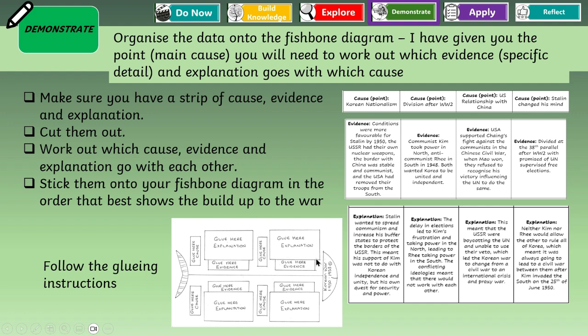You're going to put just glue on this section for the evidence, and then you're going to put this side of the evidence onto here so it will flap over that way. If you feel like that might be too complicated, go and have a look at the video and I will give you an example, and then you can pause it, have a go, and then I'll give you the answers. I would check the answers before you stick it all down, otherwise it will annoy you.